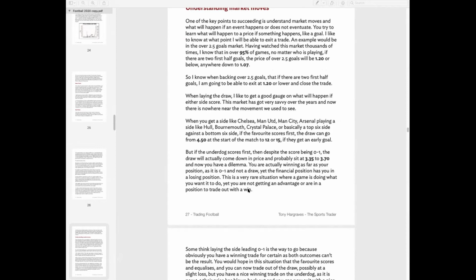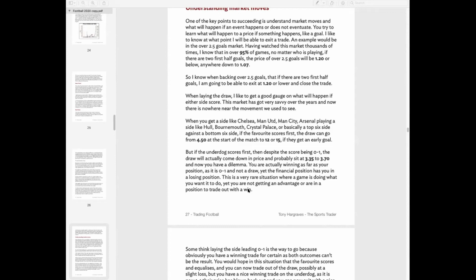So like last night, if you're looking at Chelsea versus Crystal Palace and you're looking at a lay the draw, if Chelsea score first, let's say the draw was 350, the draw price might go to 8. But if Crystal Palace score first, the draw price won't actually go up at all. It will come down because the market is so expecting a Chelsea equaliser to come back, the draw doesn't go up. So you try and work out what happens if.